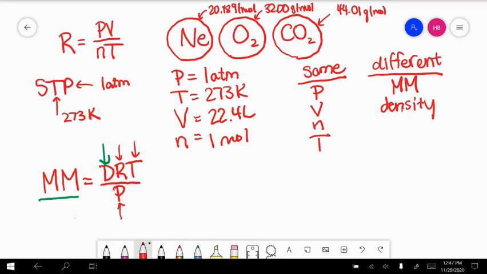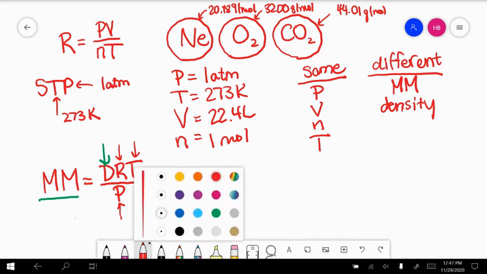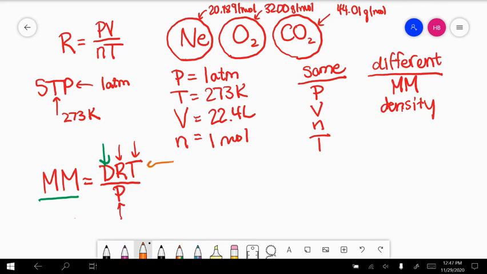So let's clarify one other thing. Do we know what temperature measures? Temperature does not measure heat. Temperature is a measure of the average kinetic energy in a sample.